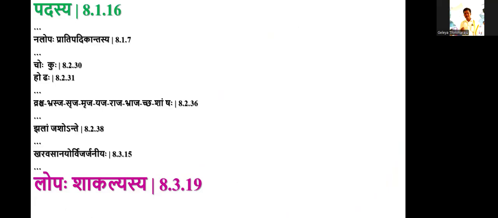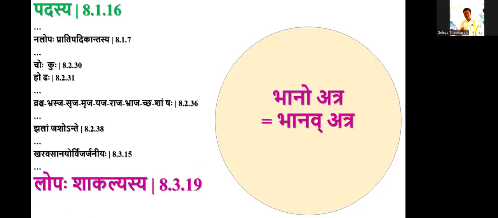And we have this sutra, Lopa Shakalyasya, we discussed this sutra previously also. Again, this sutra is in the Adhikara Padasya. So, Bhano Atra. Here, Bhano is the Sambodhana Ekavachana of the Pratipadikam Bhanu. So, by Suptigantam Padam, it is a Padam. So, Bhano Atra. Here, by Echo Yavayavaha, we have Vokarasya Au Adesha.